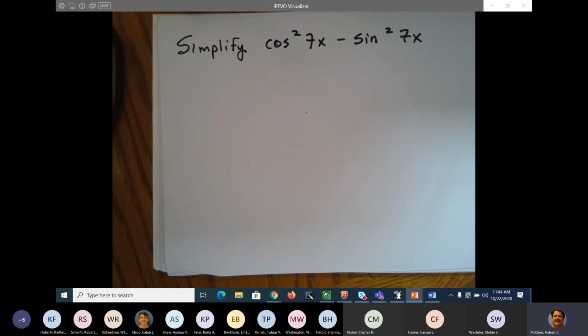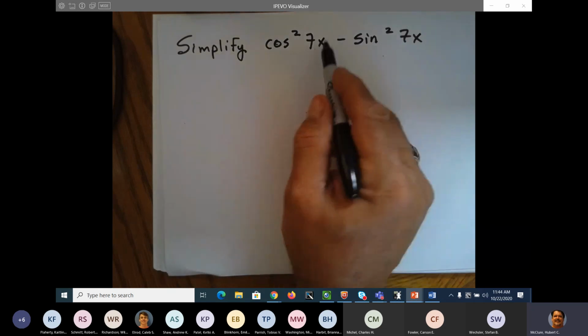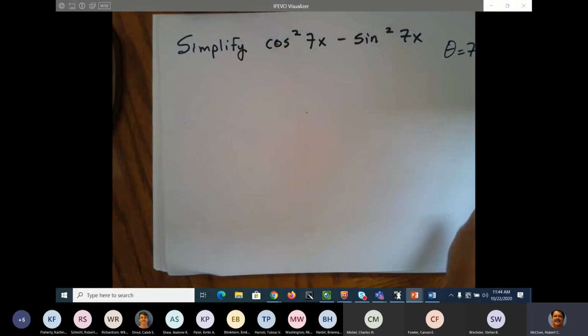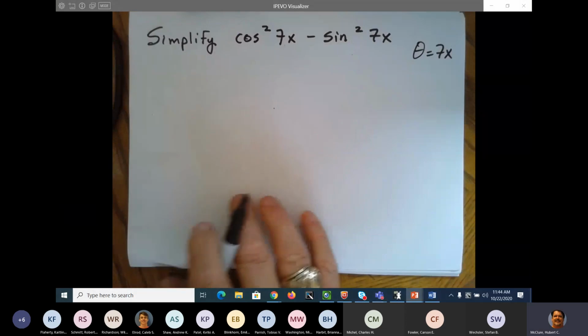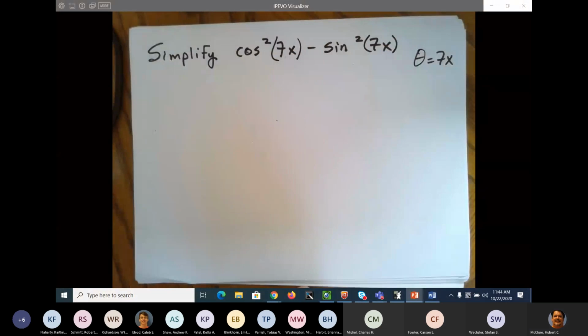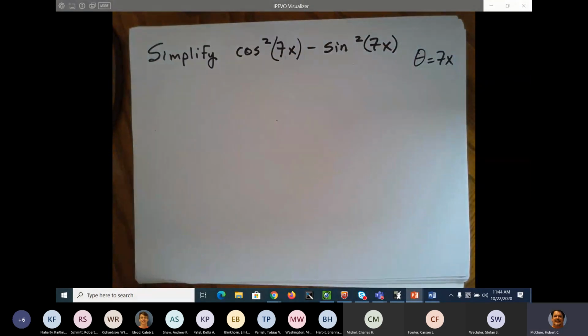Your cosine of 2x says that you can rewrite cosine of 2x as cosine squared. So theta is equal to 7x, because this is there and this is there. So basically you can rewrite that as cosine of 2 times 7x.